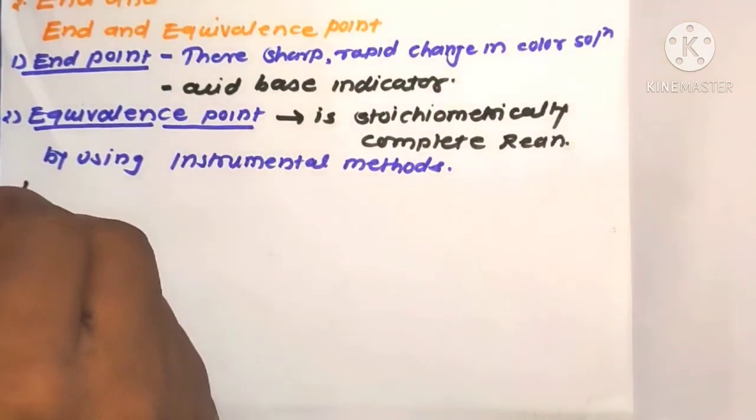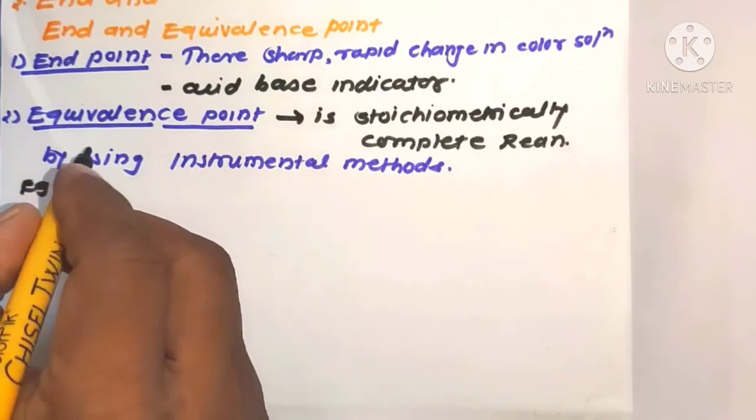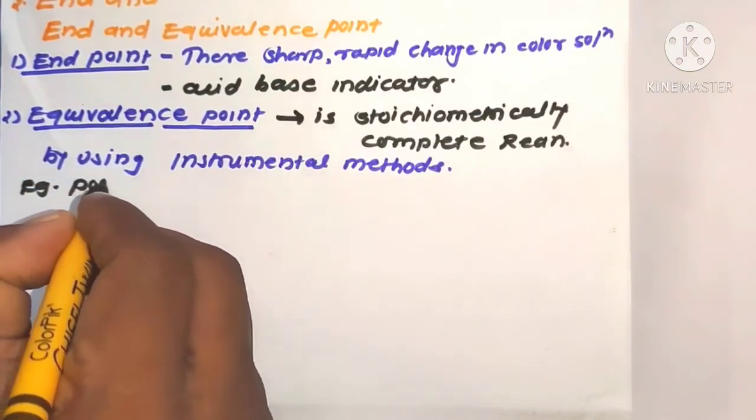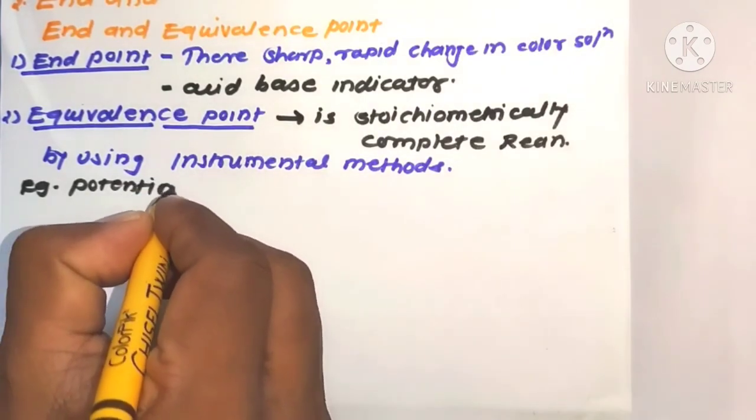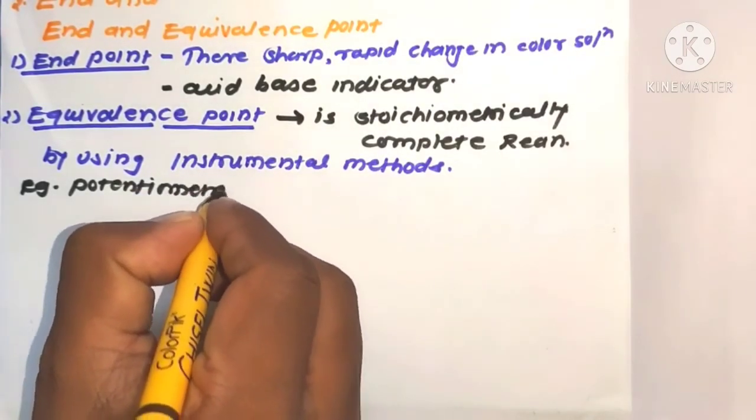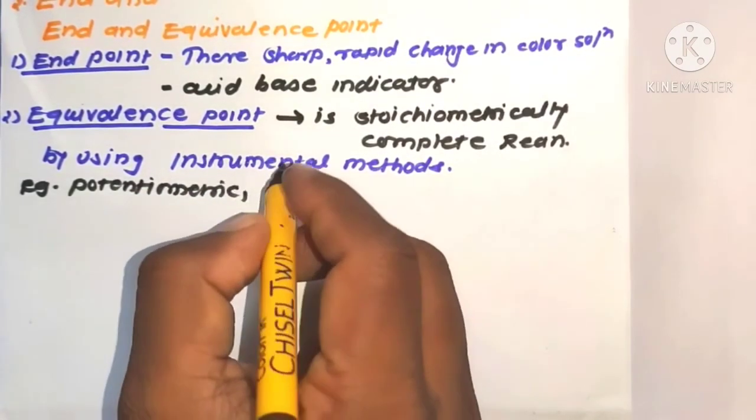It can be determined by using instrumental methods like potentiometric, conductometric, or photometric titrations.